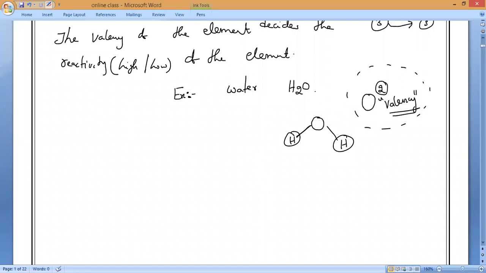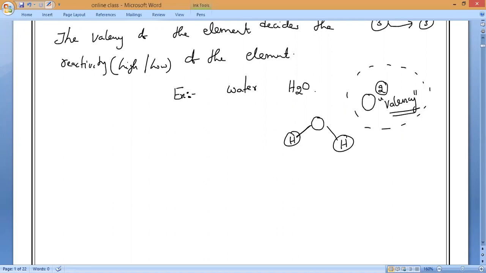So the number of hydrogen atoms that can be combined with 1 atom of oxygen is 2. That is the maximum capacity of oxygen. So I can say oxygen valency is 2.